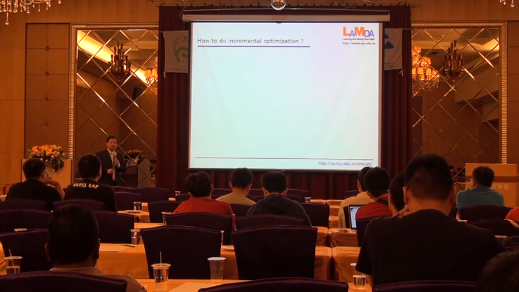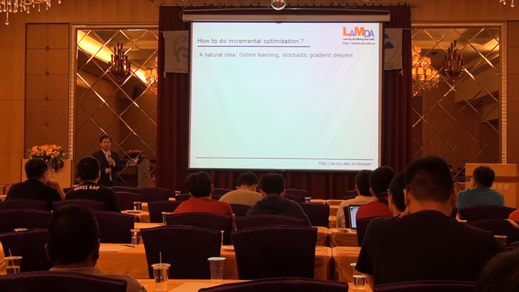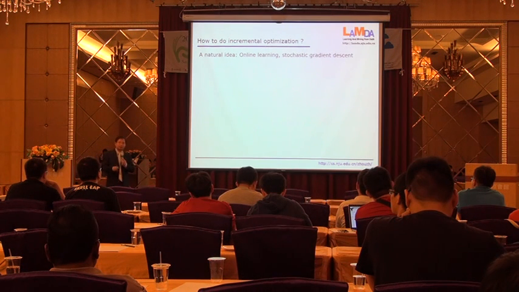Then consider that we have a big data application and we really want to optimize AUC. What we can do, as I have mentioned, is incremental optimization. But this is very difficult. A natural idea of incremental optimization is to run online learning using stochastic gradient descent. Online learning means that we assume the data come one by one.